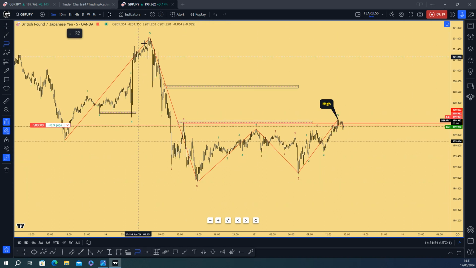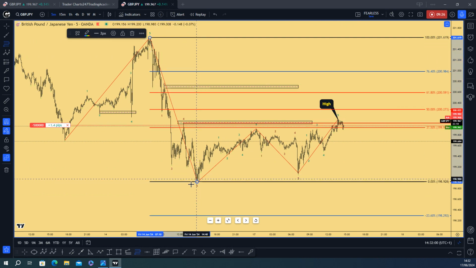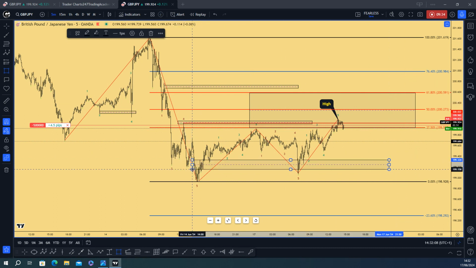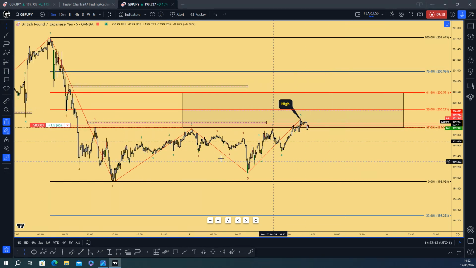A simple approach is I like to use the Fibonacci, because that gives us a reference of the chart, and we have what we call the sell zone from here to here. Because we've already had the correction is valid, we have a 5 which tells us we are at the high.